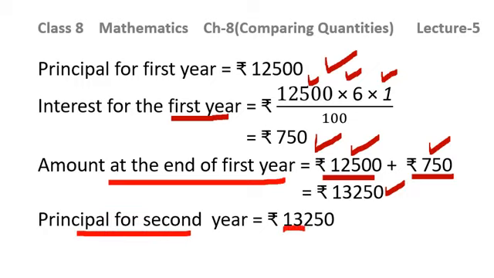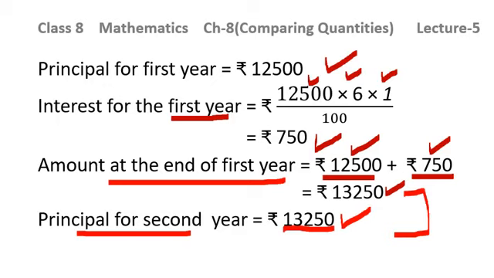This is the amount of the first year, and this will be the principal for the second year. In simple interest, principal will remain same, and interest will be calculated on the same principal for as many years as are given to you. But in case of compound interest, the amount of the previous year will be the principal for the next year.